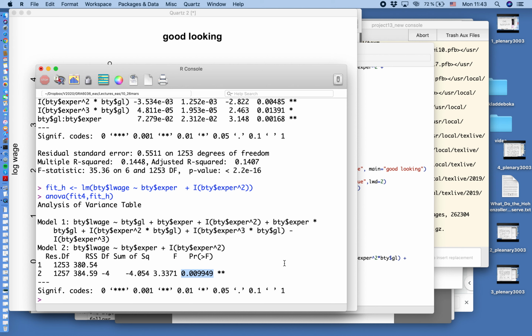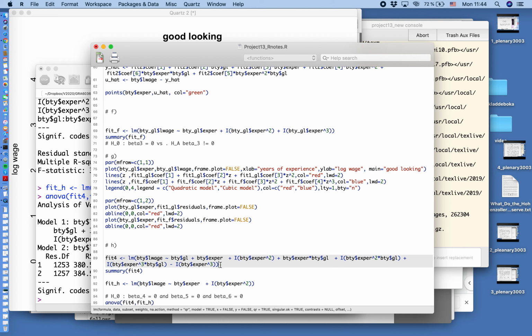Now we see this is the p-value, and this is significant at the 5% level. It's even significant at the 1% level. So the conclusion of this F-test is that the more complicated model is a better model than the simpler one.